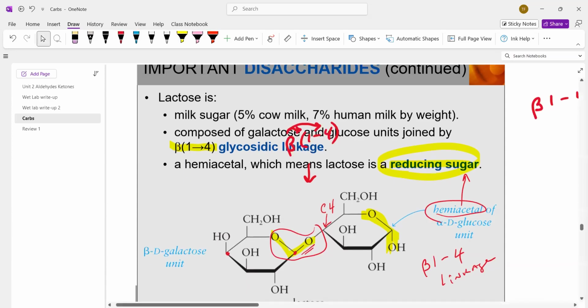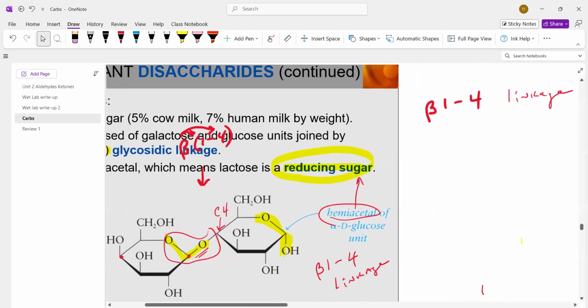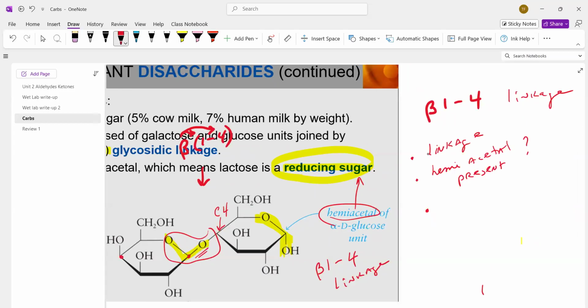You have questions here. Okay, so you've got linkage that hooks these two together. What is it?